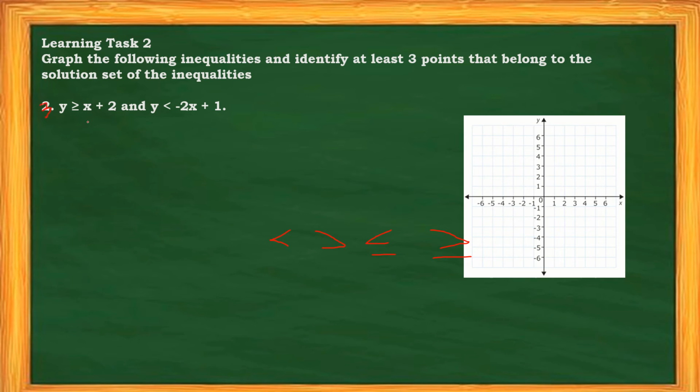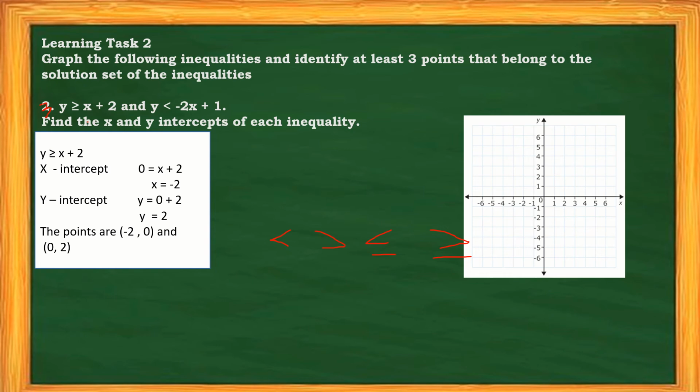Okay, so we have y is greater than or equal to x plus 2 and y is less than negative 2x plus 1. So again, let us find the x and y intercepts. So y is greater than or equal to x plus 2. So our x-intercept, so again, to find the x-intercept, substitute y by 0. So 0 is equal to x plus 2.